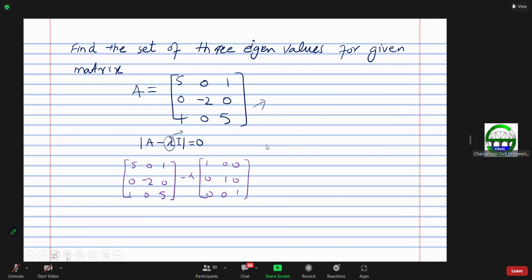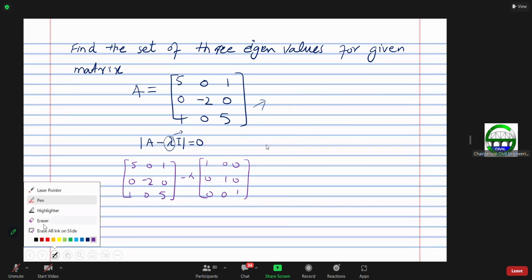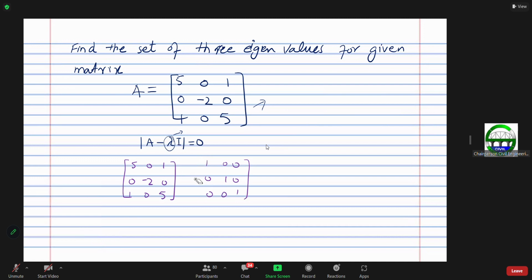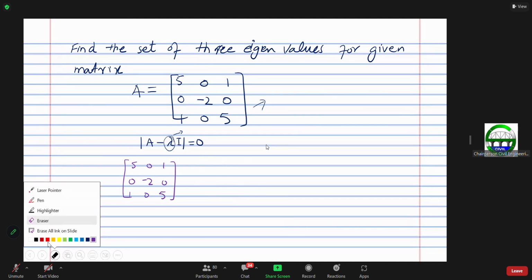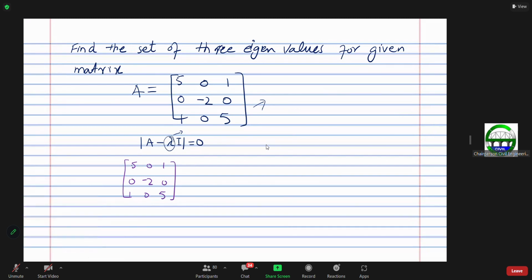Or I can directly write just minus the lambda values: minus lambda in here, minus lambda in here, minus lambda in here. And the determinant of this one should be equal to 0.